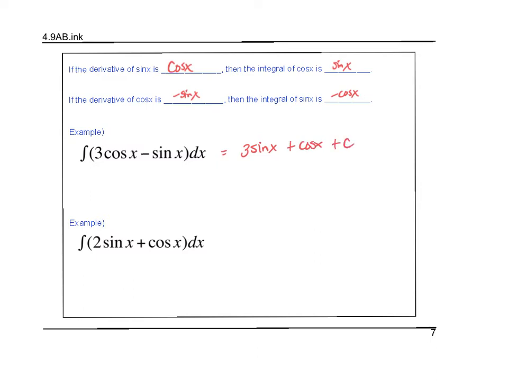I tend to keep these memorized in the derivative direction and then kind of switch it in my head when I'm integrating. So this one becomes negative 2 cosine x plus sine x plus c. Again, always slow down or pause my videos to make sure that you're fully understanding. I know that sometimes in the video I'm going faster than I would in class.